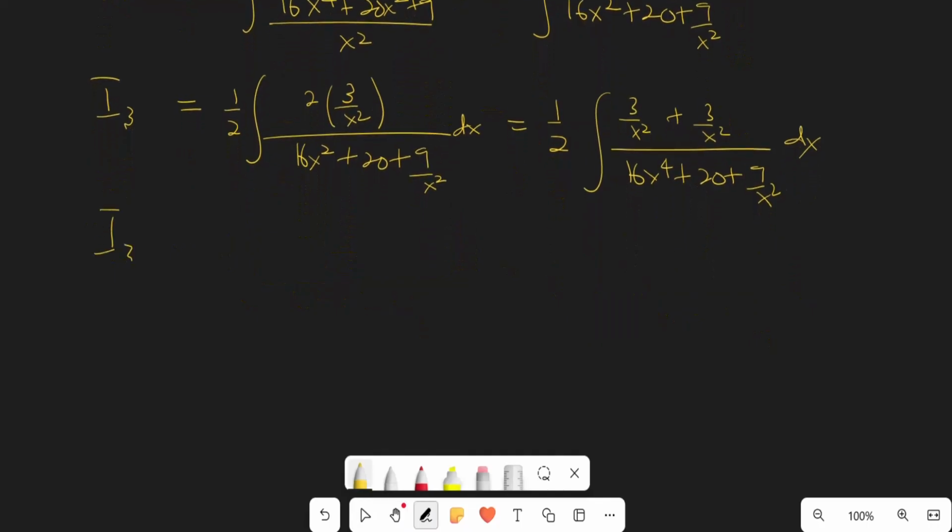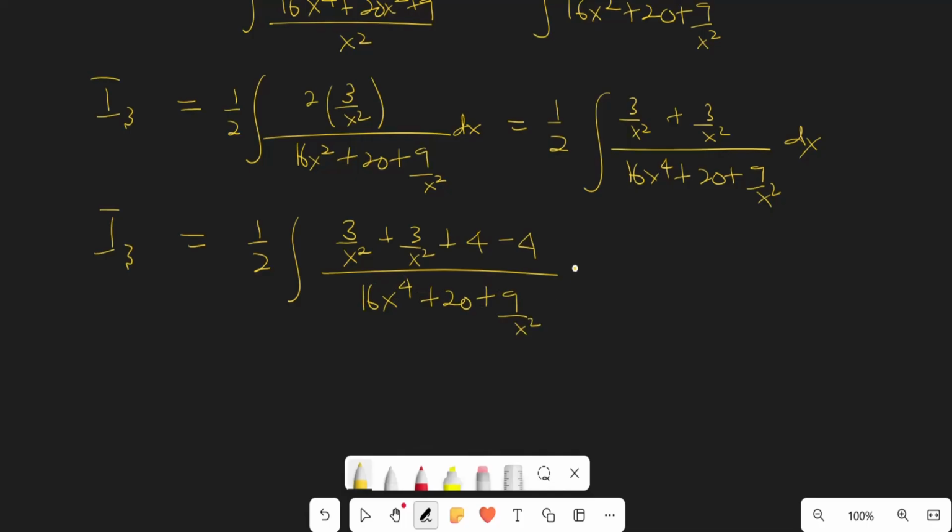So I3 is going to be 1/2. I am going to add 4 and subtract 4 in the numerator. Now it's going to be 3 over x squared plus 3 over x squared plus 4 minus 4, divided by 16x squared plus 20 plus 9 over x squared dx.